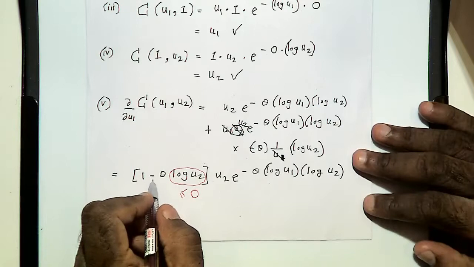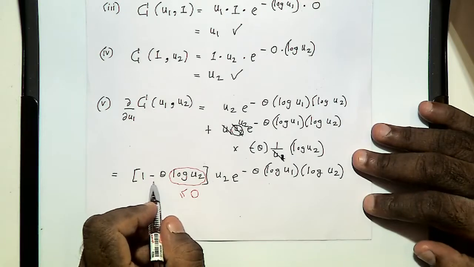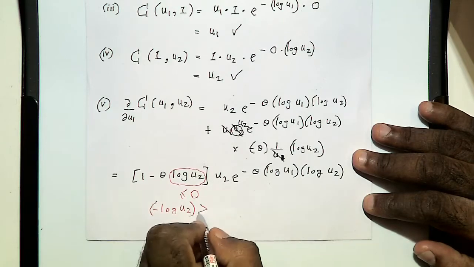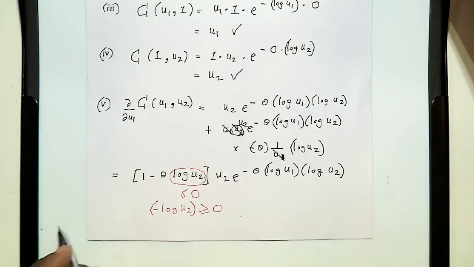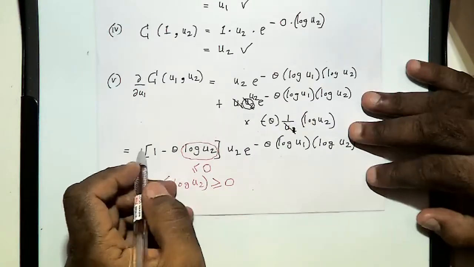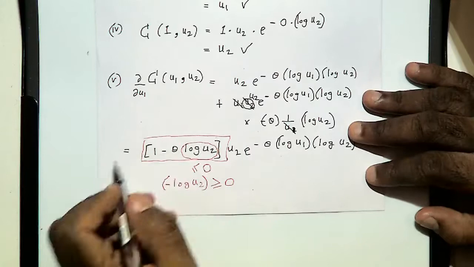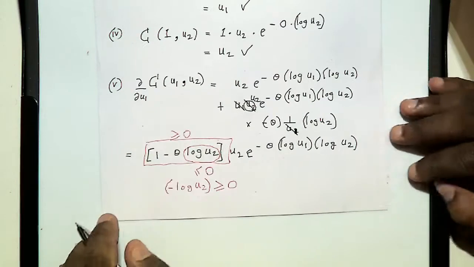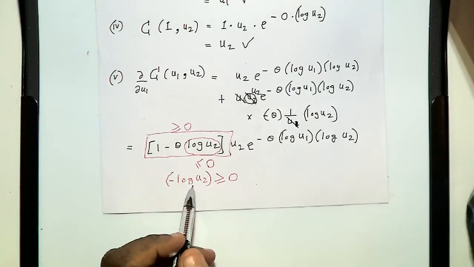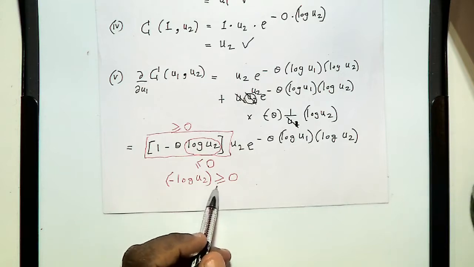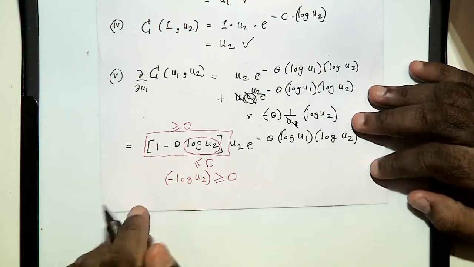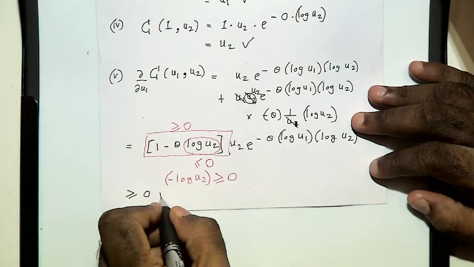And because you have the negative sign here, minus log of U2 is going to be greater than or equal to 0, right? All right, and theta is also non-negative. We know by definition theta is non-negative, right? Okay, so hence this whole term here has to be non-negative. Do you follow my argument? That theta is a number between 0 and 1. And minus log of U2 is greater than or equal to 0 because U2 is a number between 0 and 1. So hence we have proved that this is greater than or equal to 0. Right?